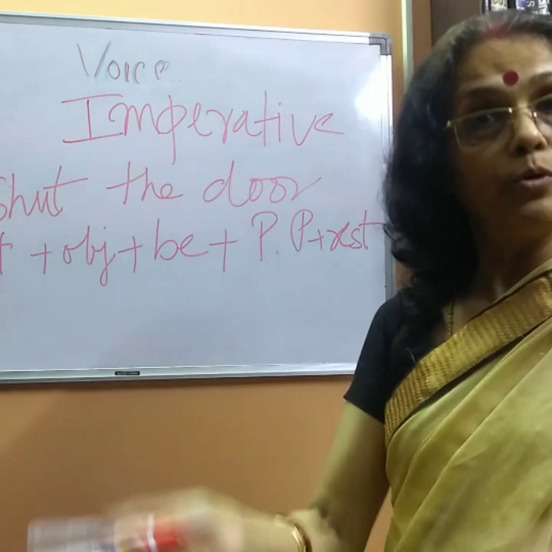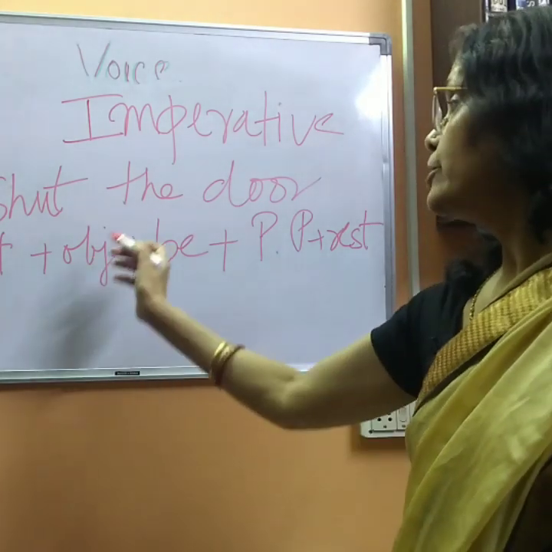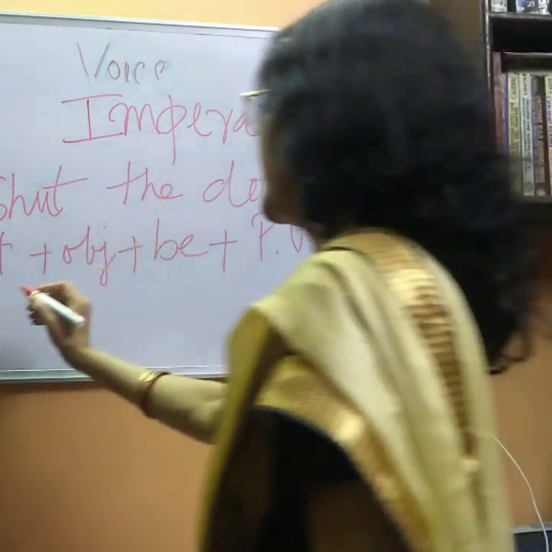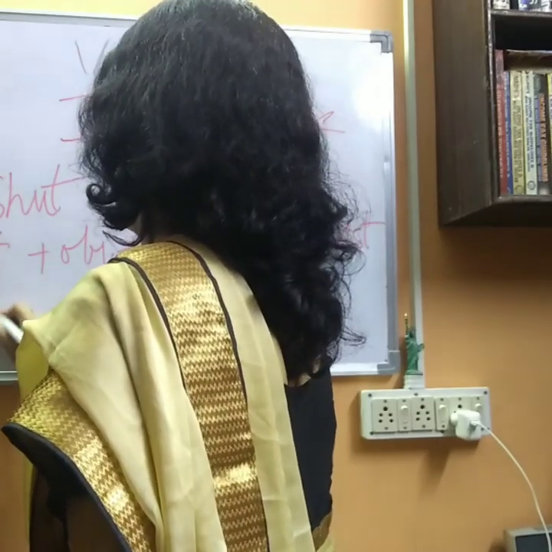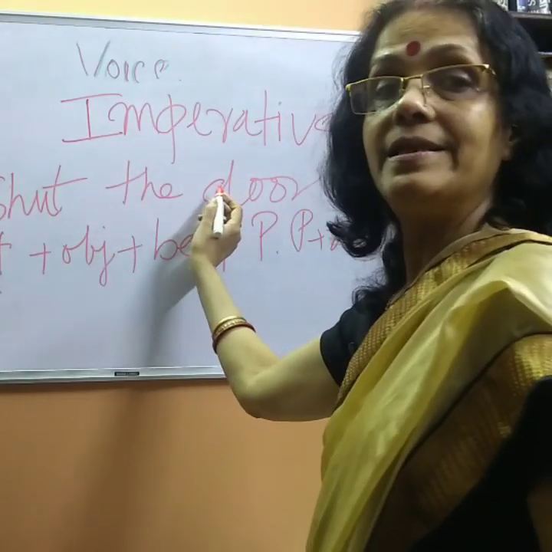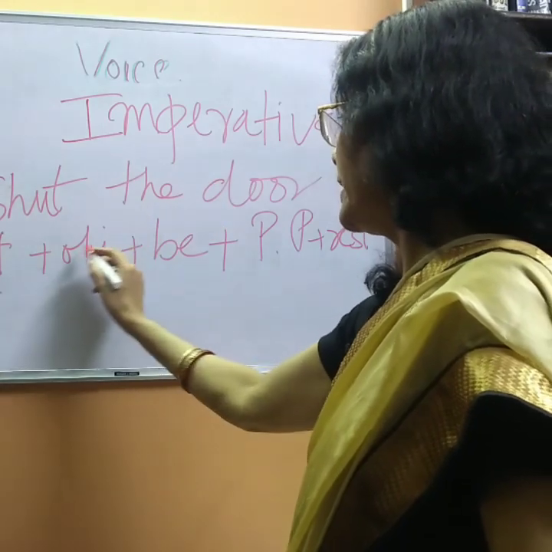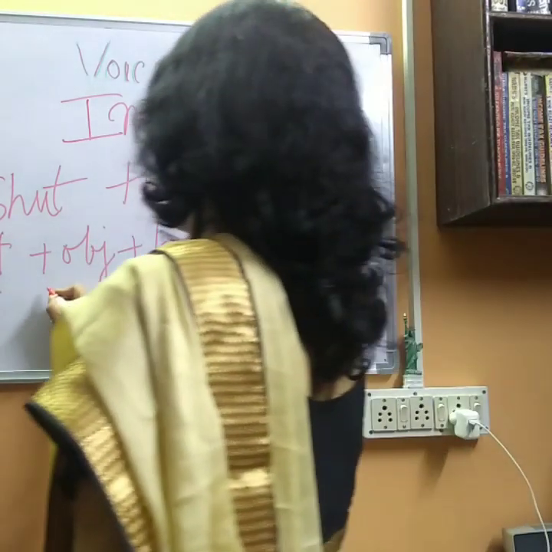If there is something more in the sentence, it will come after that. So we start writing our answer. Let, then your object is the door. So after let, it's the object. So let's bring the door here.